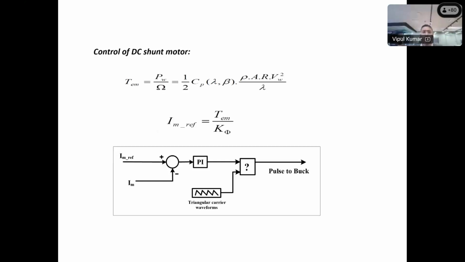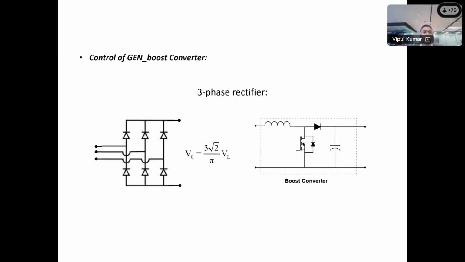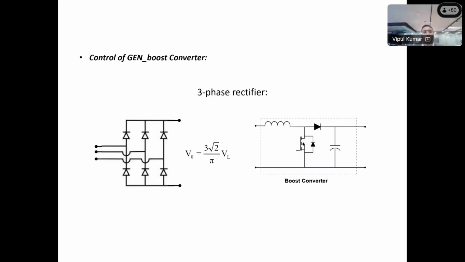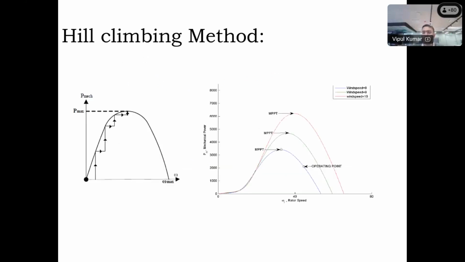All the converters and inverters are based on Semikron. This is the three-phase rectifier, with the formula for the line-to-line voltage VL, and we get a rectified DC voltage output. This is the diagram of the boost converter, sorry, it is written buck converter, but it is a boost converter.